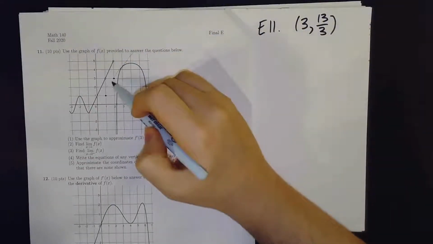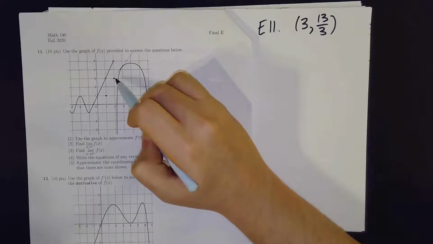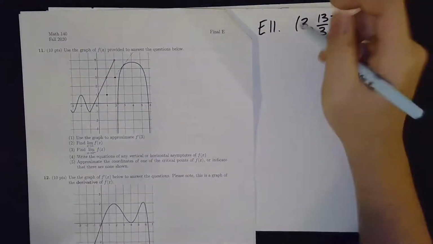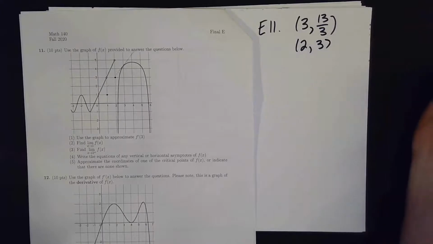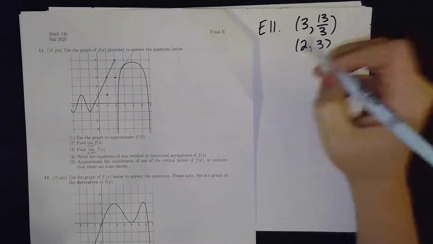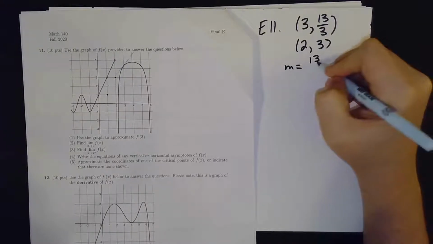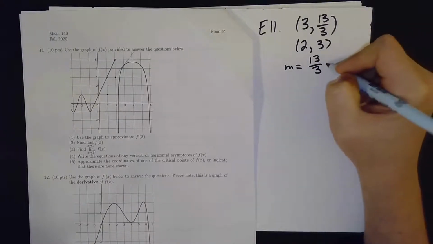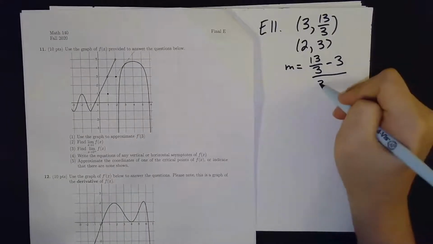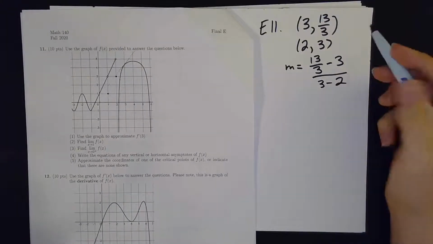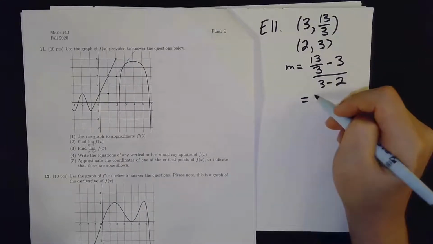And then looking at where this dashed line lands, at least when I drew it, it landed pretty close to here. So that is, it landed at about 2, 3. And so then I would get that my slope here would be 13 over 3 minus 3 divided by 3 minus 2, which, as it happens, would be 4 thirds.